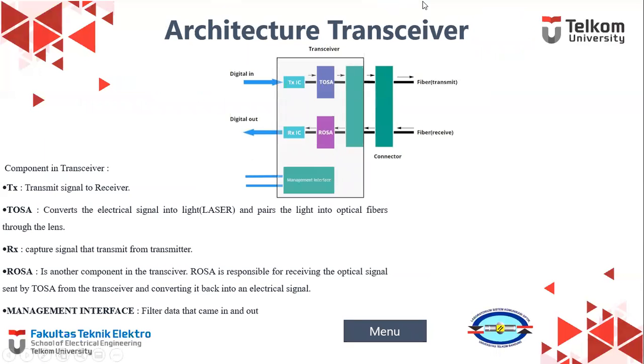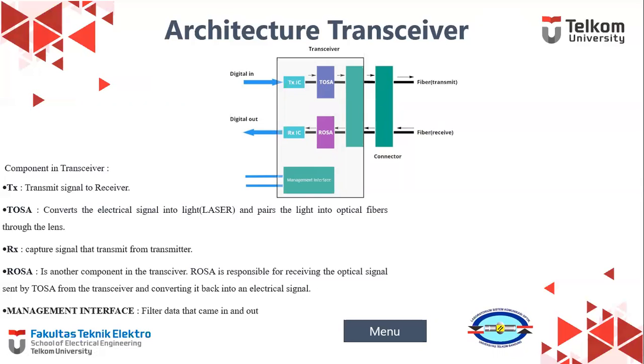First, we're going to take a look at the architecture of the transceiver. In this architecture, we have components like TX, TOSA, RX, ROSA, and management interface. TX has the function to transmit signal to the receiver. TOSA has the function to convert the electrical signal into optical signal and pair it with light into the optical fiber through the lens.